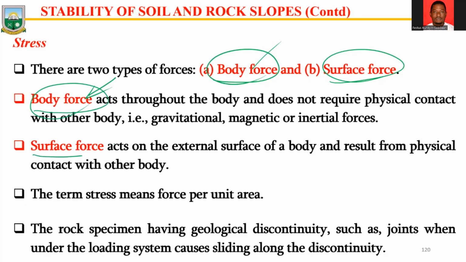And then you have the surface force, which are the external loads we are applying, the stresses we are going to apply as individuals as a result of our activities. So the external surface of a body, and the results from physical contact with another body, this is what we call the surface force.